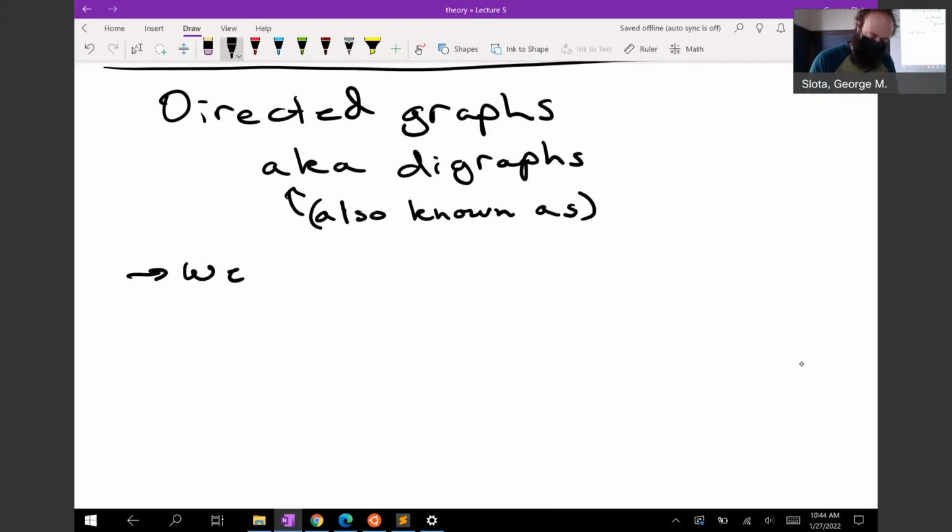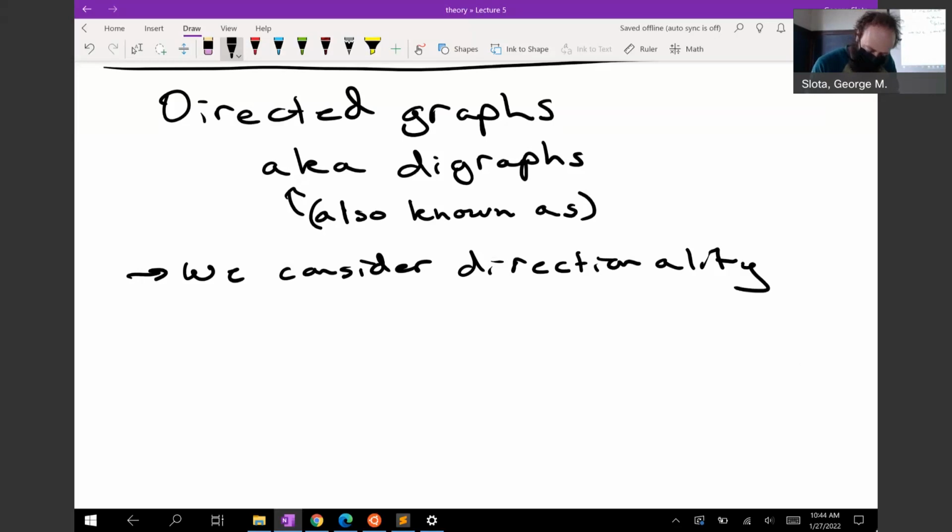The big takeaway with directed graphs, the big difference obviously, is we're now considering directionality for every edge.